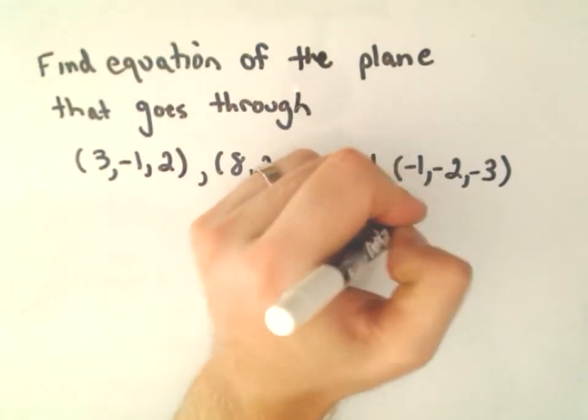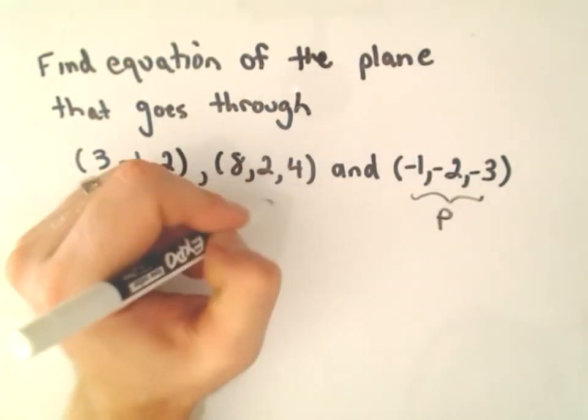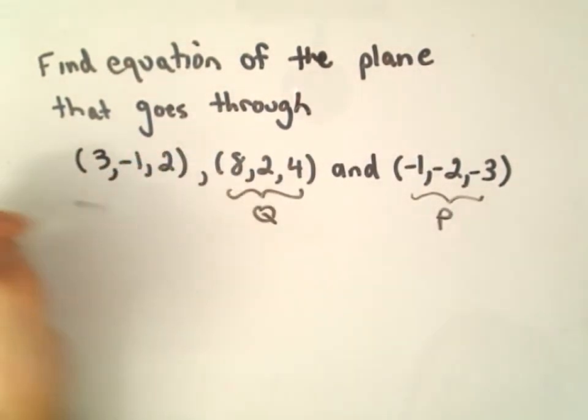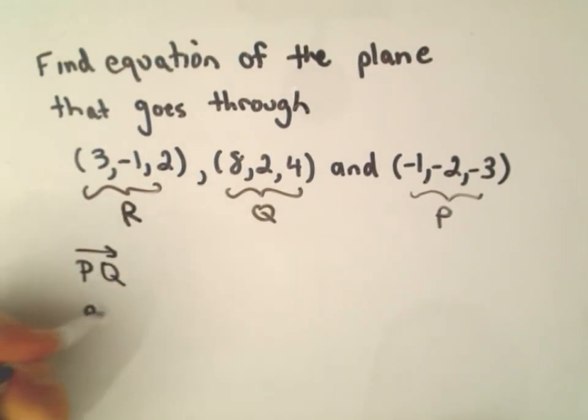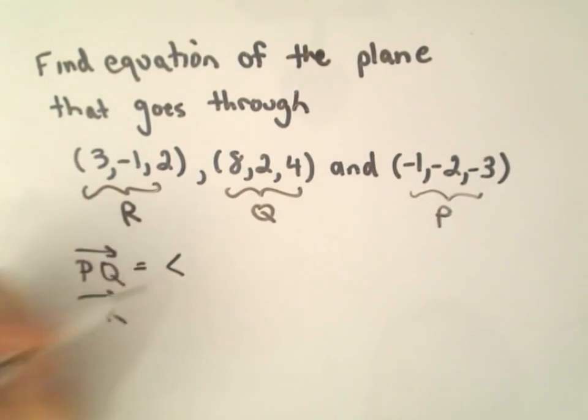Okay, so it doesn't really matter how we label them. Maybe I'll call this one P, this one Q, and this one R. These all lie in a plane, so I'm going to find a vector between PQ and also PR. Again, it doesn't really matter which ones you do.